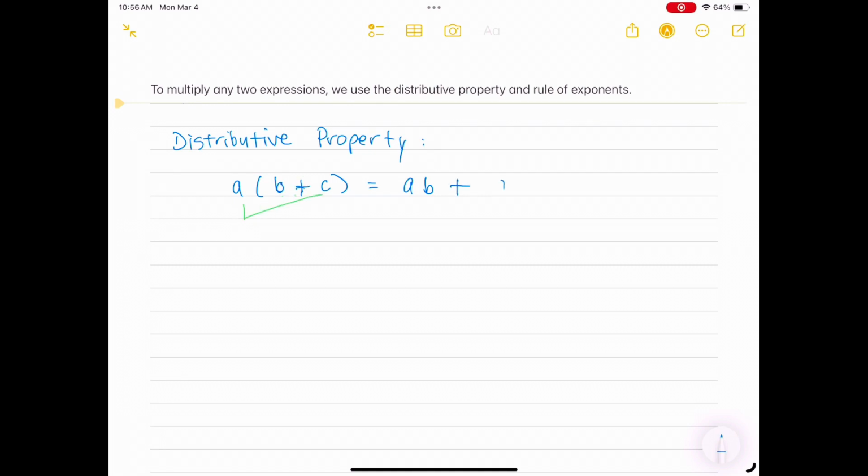In the case of subtraction, the distributive property is characterized by a open parenthesis b minus c close parenthesis equals a times b minus a times c. When we do the examples below, you will understand these formulas better.